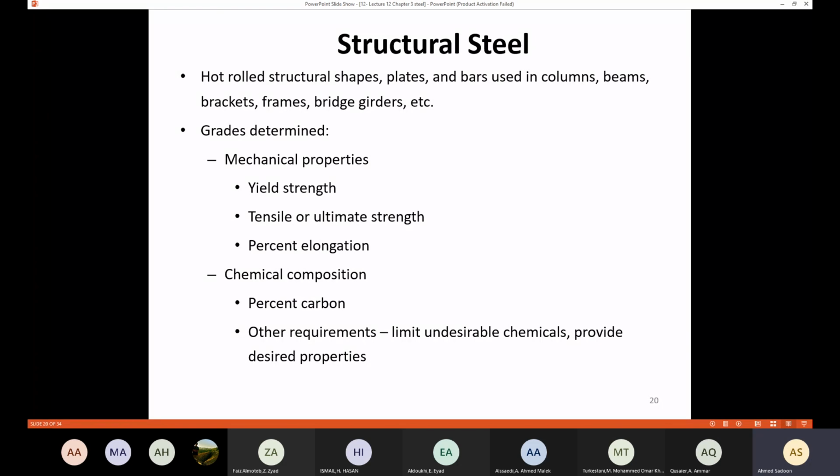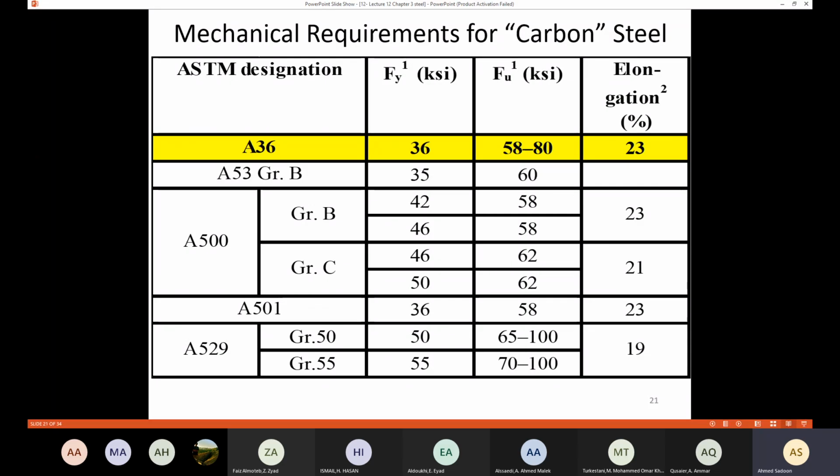So let's see an example on the grading of the structural steel. According to ASTM designation, we have many grades here. The most used one is A36, but also we have A53 grade B, and we have A500, grade B and grade C. We have A501, we have A529, grade 50 and grade 55.